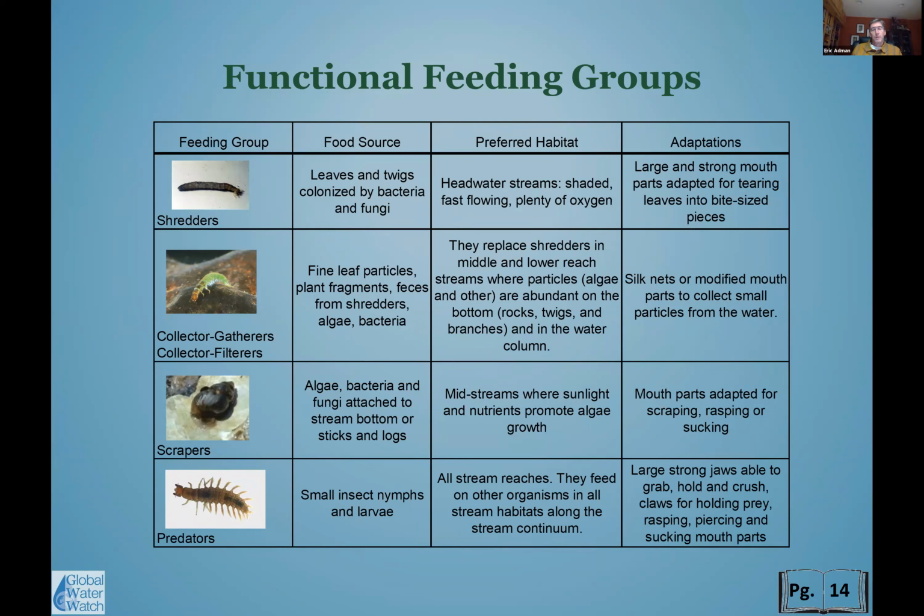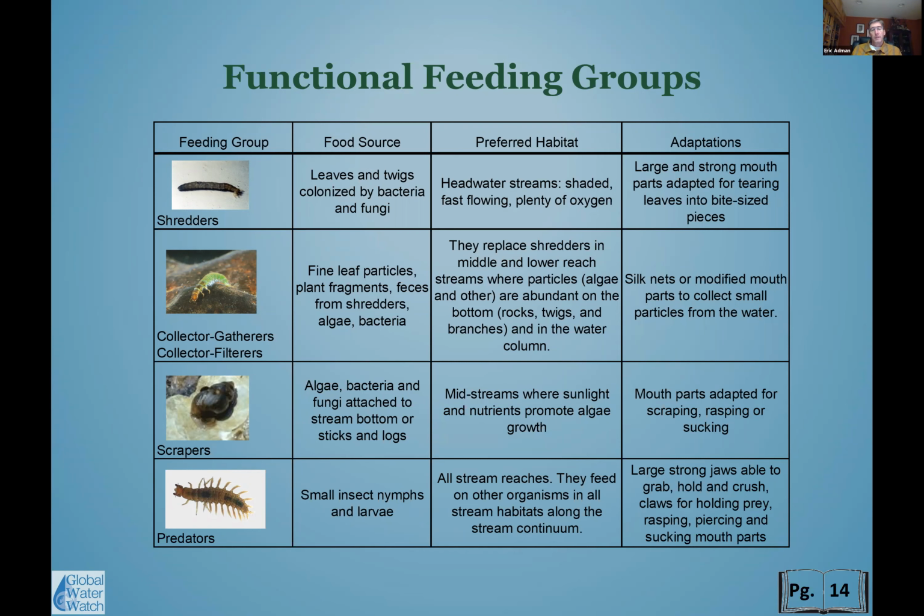For instance, the shredder group, we're going to find more in the headwaters, where there's a lot of leaves falling right into the creek. Collector gatherers are going to be more in the middle and low reach. Scrapers feed off algae and things like that attached to rocks. They're going to be a little bit more where there's some more sunlight hitting the rocks.